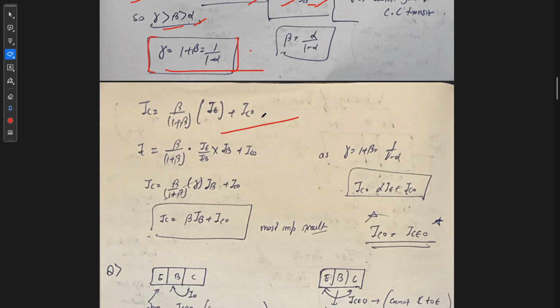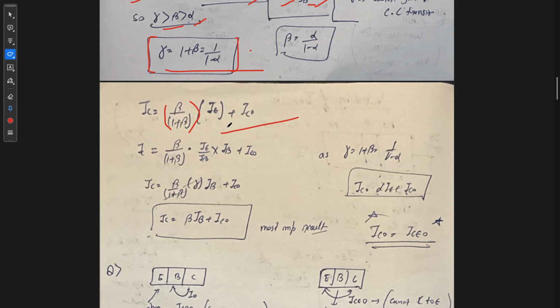Then from the equation IC is equal to alpha IE plus ICO, if we replace alpha with the beta relation, it will be IC is equal to beta upon 1 plus beta into IE plus ICO.